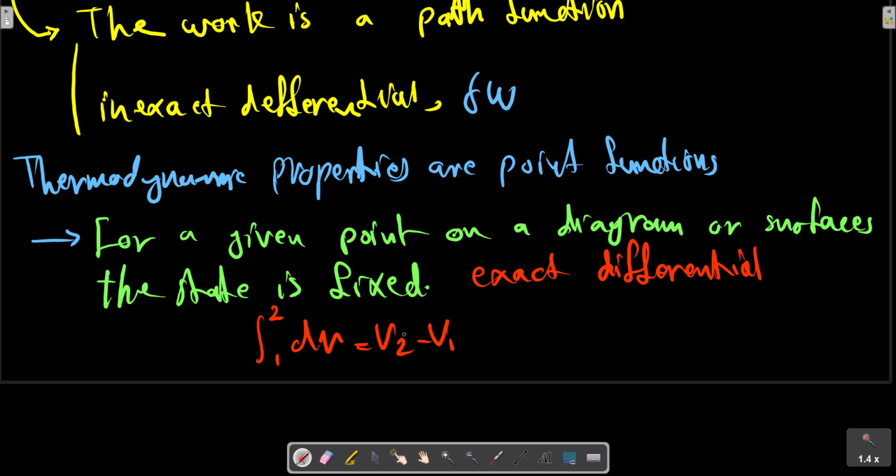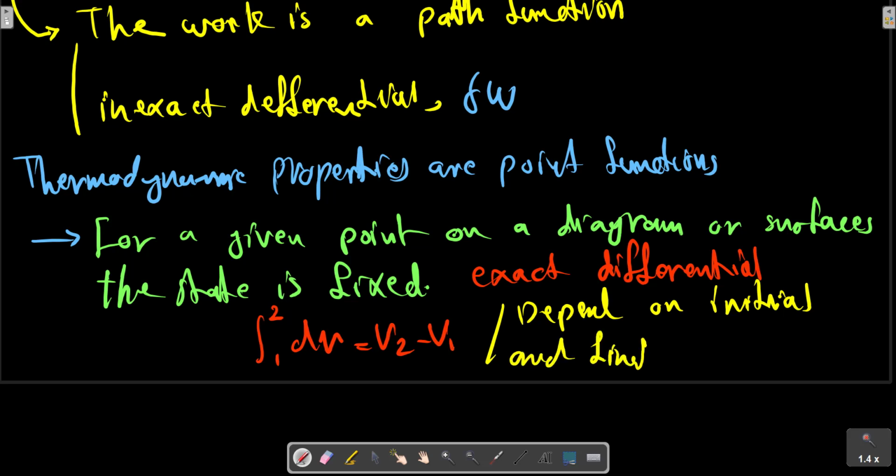Thus we can speak of the volume in state 2 and the volume in state 1, and the change in the volume depends only on the initial and final state.